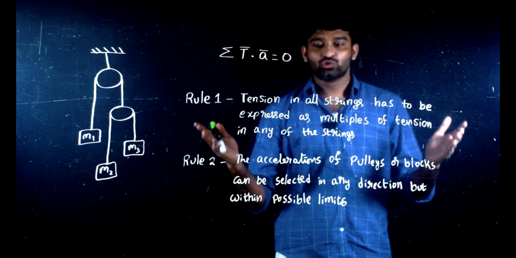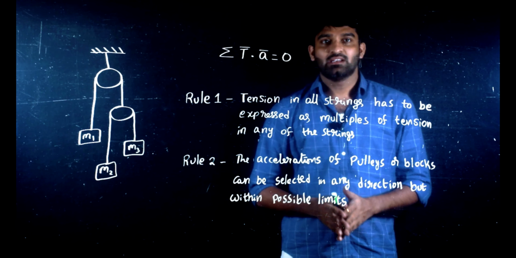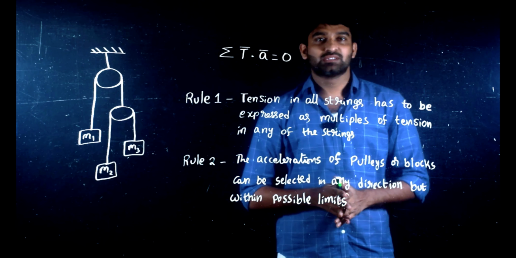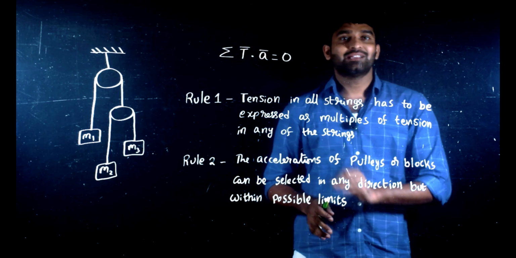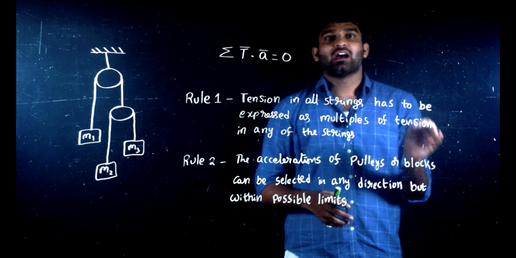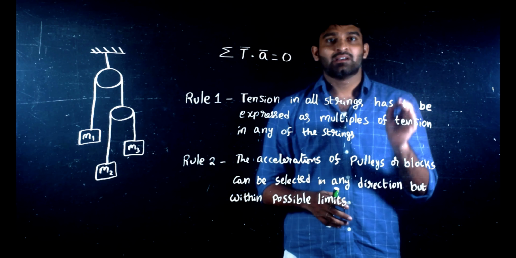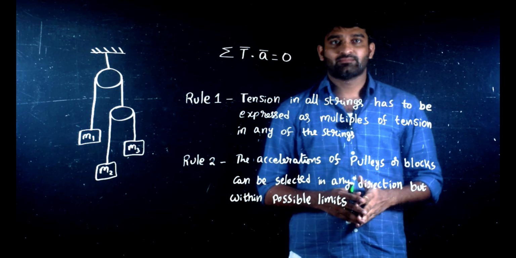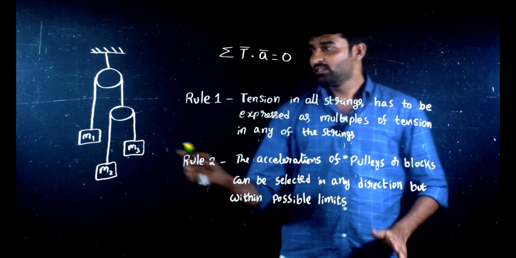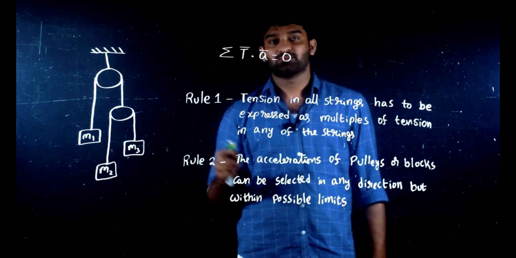Here are the two rules that have to be applied while using this equation. Rule 1. Tension in all strings has to be expressed as multiples of tension in any one of the strings. For example, here you have two strings.